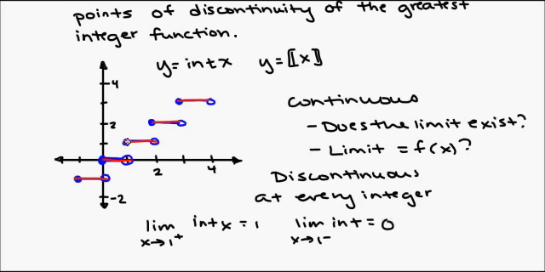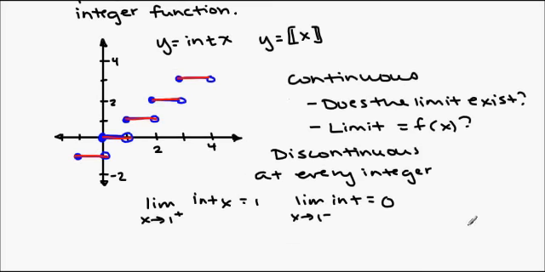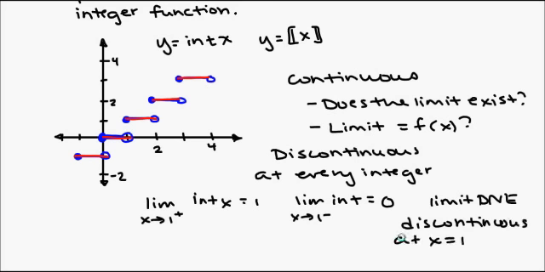So 0 and 1, 2 different numbers. So since the right and left hand limits are different values, the limit does not exist, and therefore the graph is discontinuous at x equals 1. And it's going to be the same story for every integer. So at 0, 1, 2, 3, 4, 500, same idea.